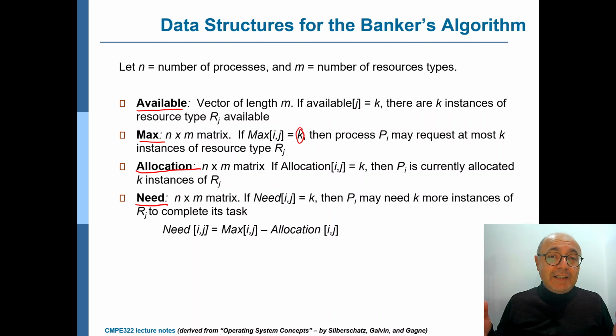So the need array shows how many more that process might request of that specific resource type. Note that we don't need to give the need array. The need array can be easily calculated from the second and the third parameters, max and allocation.